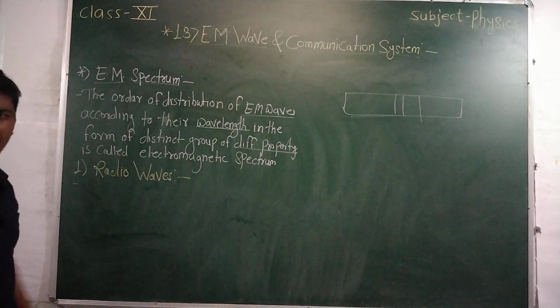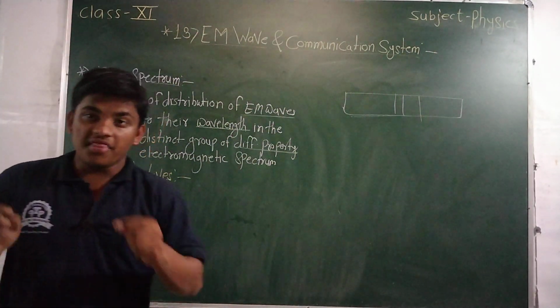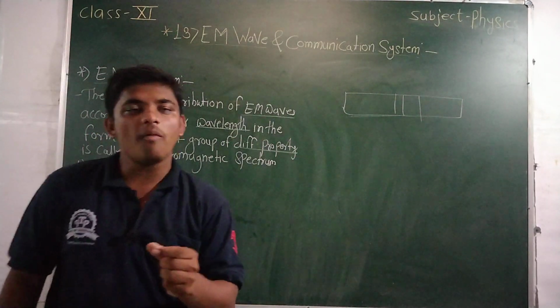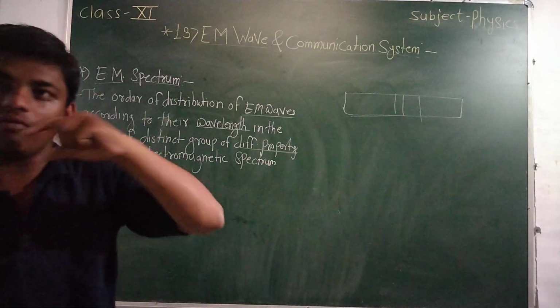First, what are radio waves? How are they produced? They are produced by the accelerated motion of charges in a conducting wire.